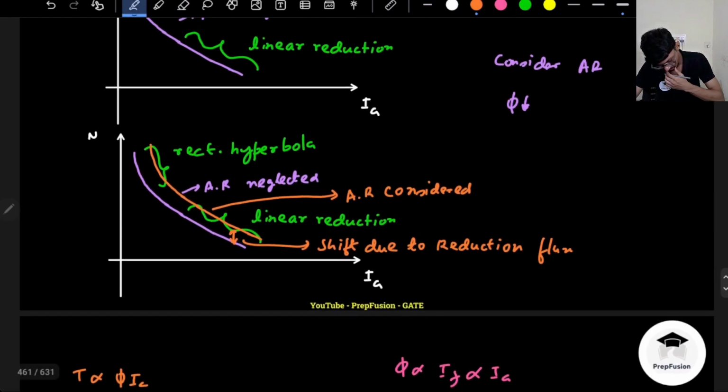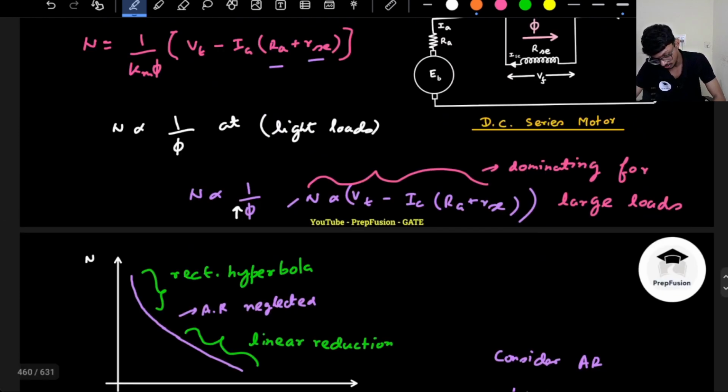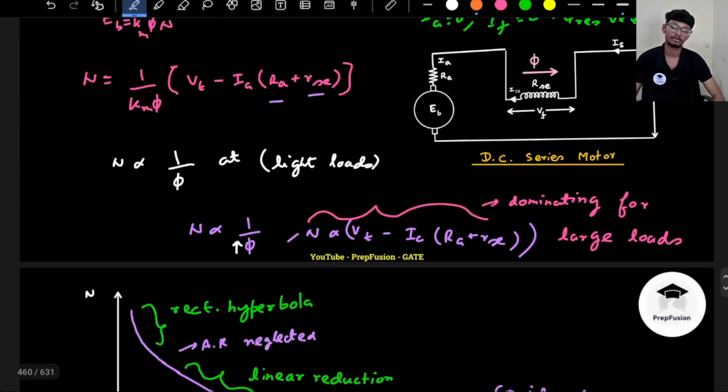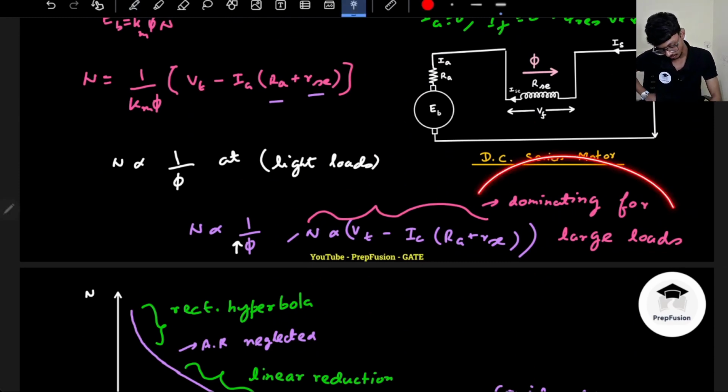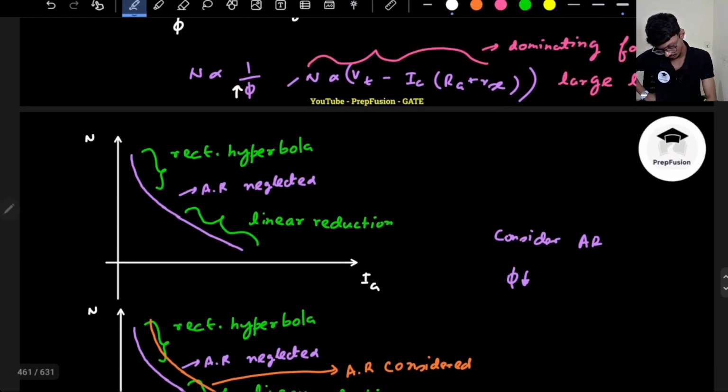So previously as well, one more thing I have to discuss. At higher loads, I forgot to mention, flux will almost be constant. Why? Because of the BH curve. So this is the BH curve.